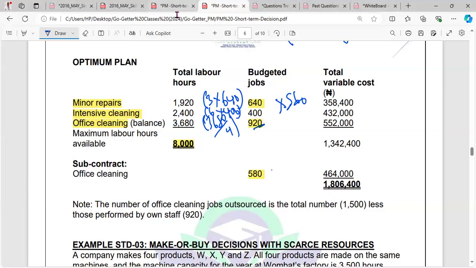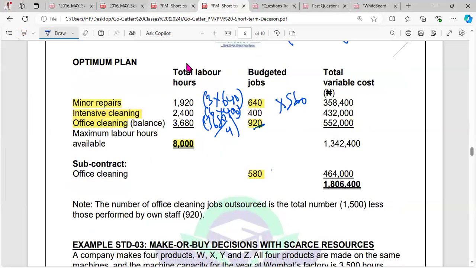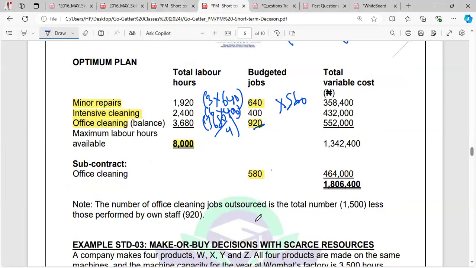Then we look at the second one here. The variable cost is 1,080. So I'll come here, multiply by 1,080.